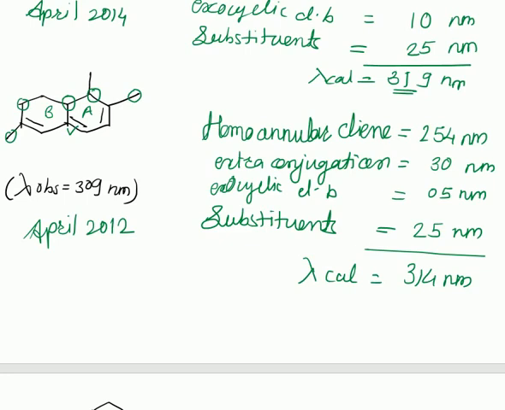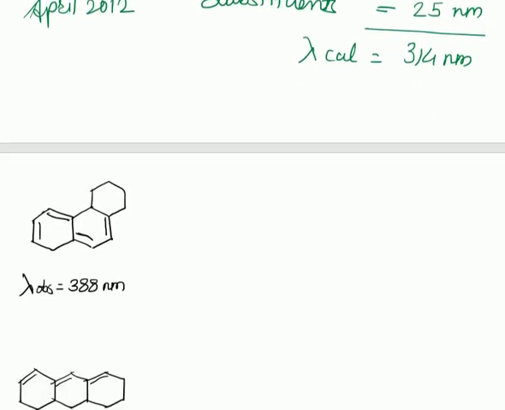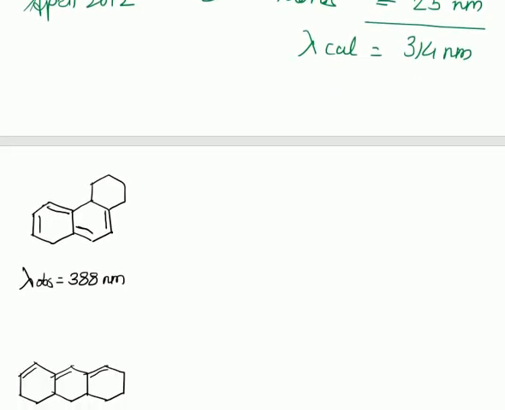Now extra conjugation. Other than the diene there are two extra double bonds, so we have to take the contribution by extra double bond as 60 nanometer.